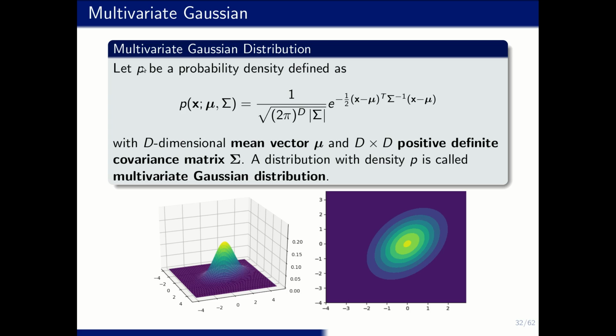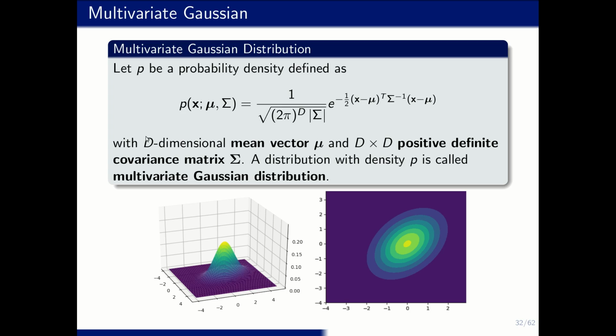So let p be a probability density defined as follows. This density is now over a vector of states. So this is a vector in a d-dimensional Euclidean space, so x is a d-dimensional vector.